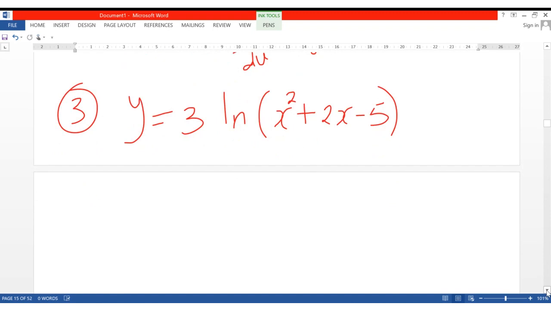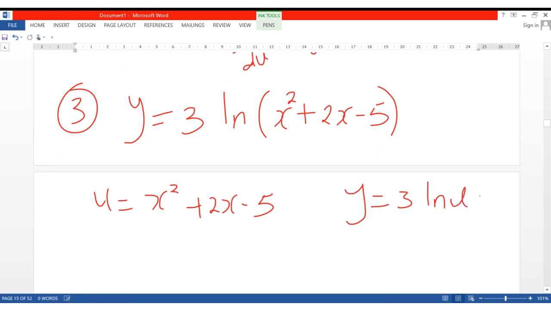So u will be given by x squared plus 2x minus 5, and then our y will be given by 3 ln u. So here du over dx, I'm getting as 2x plus 2. Here dy over du.